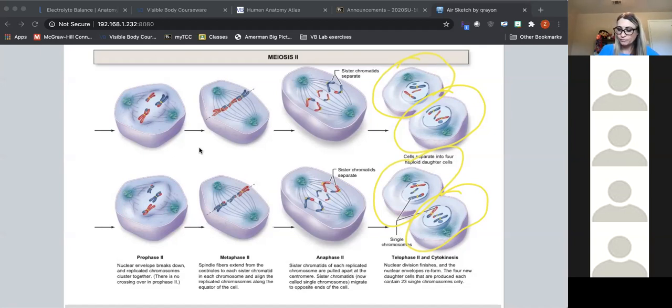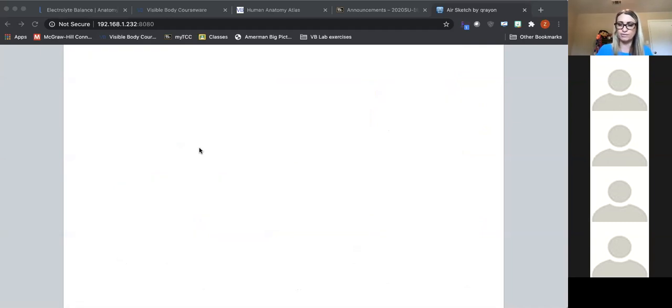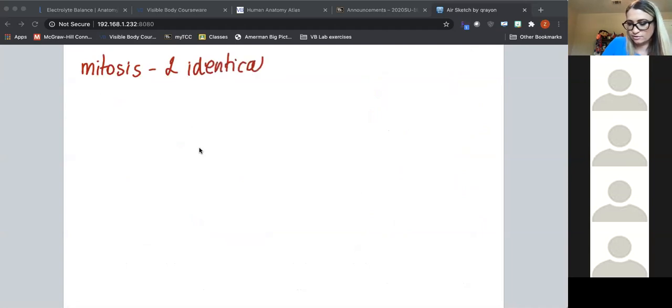And so to summarize this and compare meiosis to mitosis, okay, mitosis gives you 2 identical diploid cells.